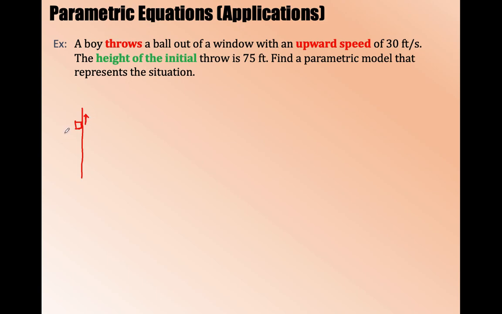I don't like that they say initial throw, but anyway, what this interpreted means is that the window is 75 feet. That is my initial position. So the parametric model, and then they're going to throw the ball up, so certainly it is going to eventually come down.